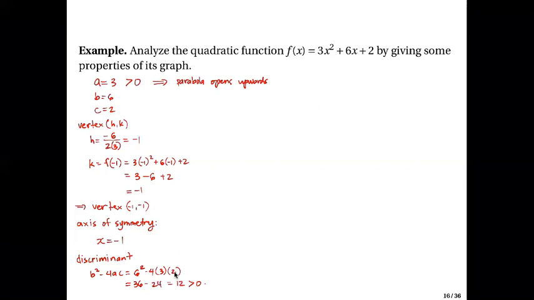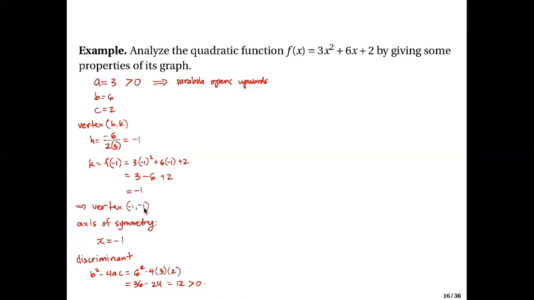Okay? Which means that this function, or the graph of the parabola, should intersect or should cross the x-axis. So a is positive. The parabola opens upwards. The vertex is at negative 1 comma negative 1.